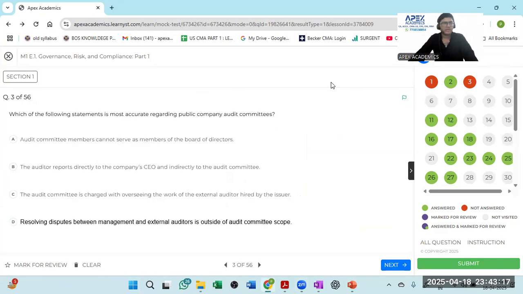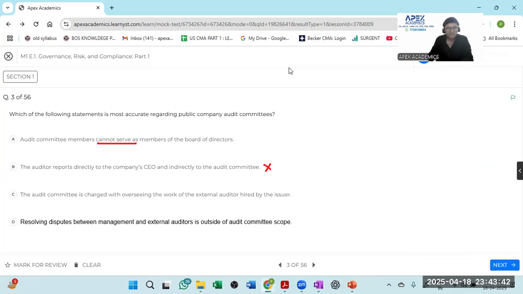Question number 3. Which of the following is most accurate about the public company audit committee? The audit committee members cannot serve as member of board of directors. The auditor reports directly to the company CEO and indirectly to the audit committee. No, what does the auditor do?